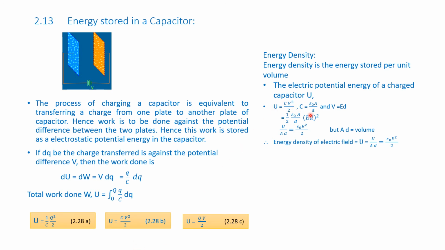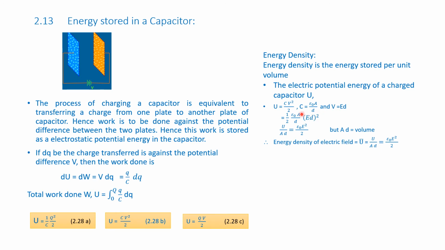Therefore, we also know that capacitance is given by the formula epsilon naught A by D. Using these two formulae, that is U is equal to CV square by 2 and C is equal to epsilon naught A by D, and also using V is equal to ED, we get U as half C, that is epsilon naught A by D, and V, the formula for V is ED, square.